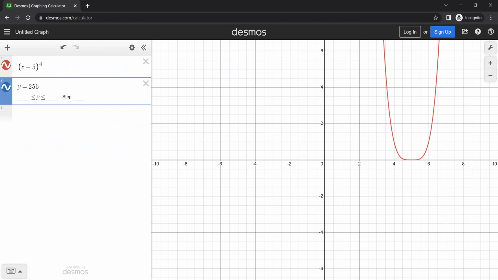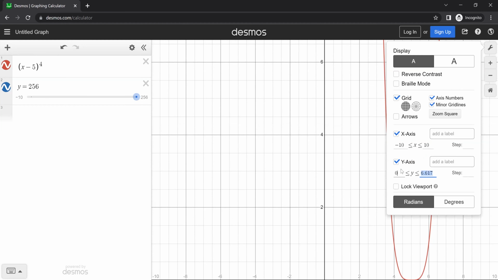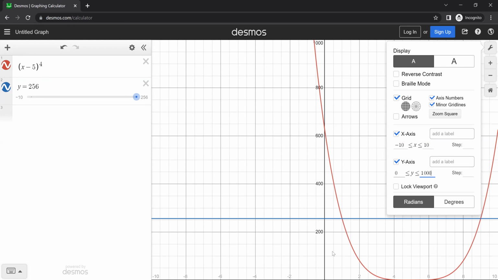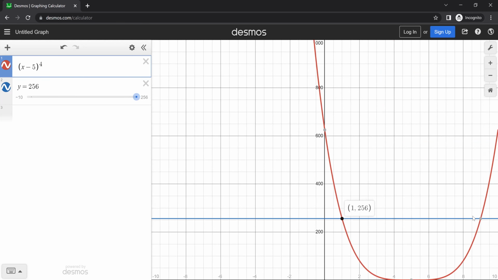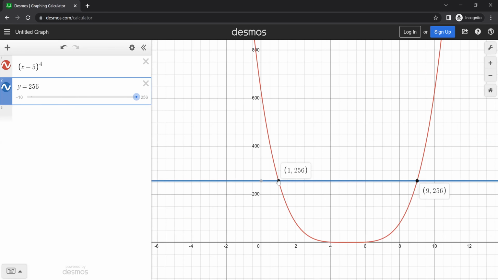And you're going to see, when I zoom out enough, that they intersect. See how it hits twice on that graph? So the even ones are going to have 2 solutions most of the time. You just have to be on the lookout for that.